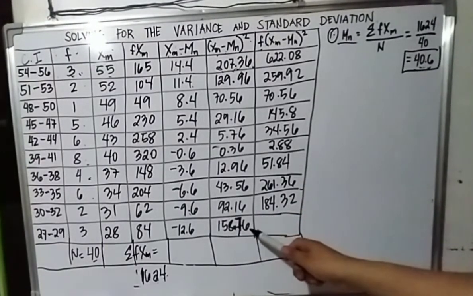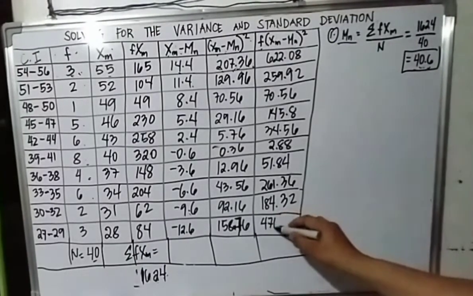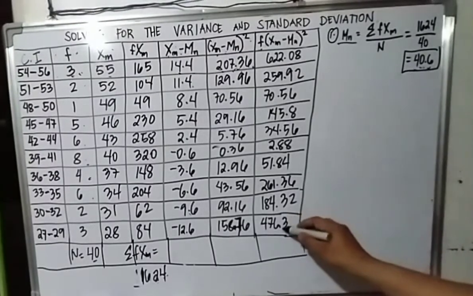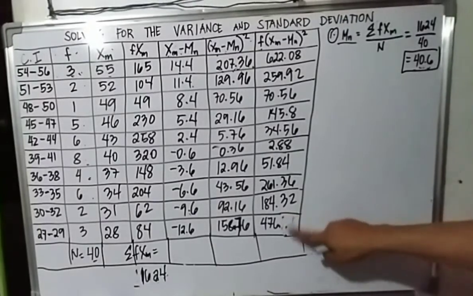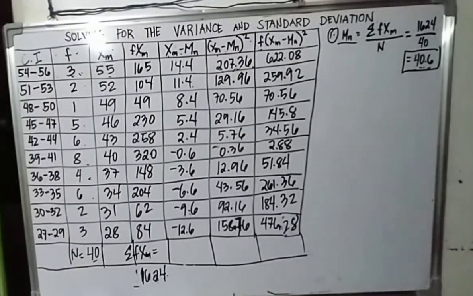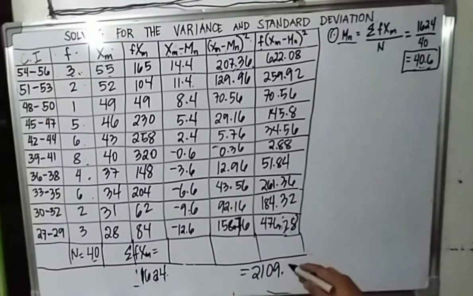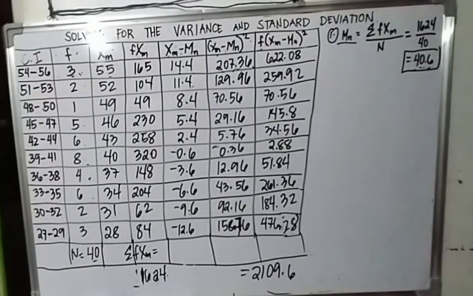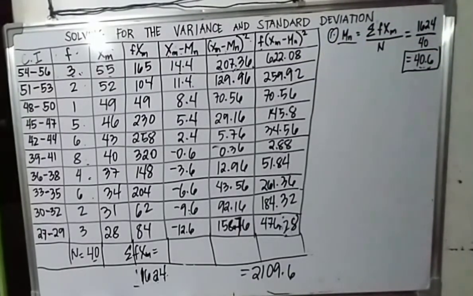Then 158.76 times 3, the result is 476.28. Then find the total sum. So pag i-add natin lahat ito, that is equivalent to 2,109.6. So that is the total sum of f times x sub m minus mean raised to 2.